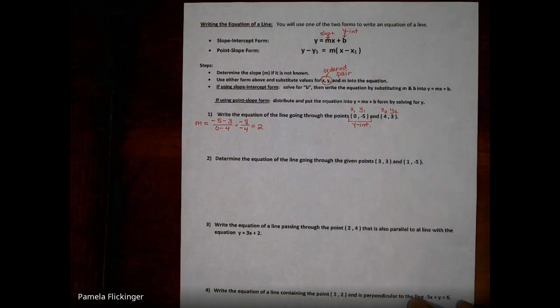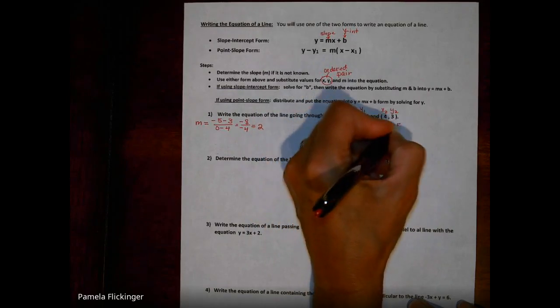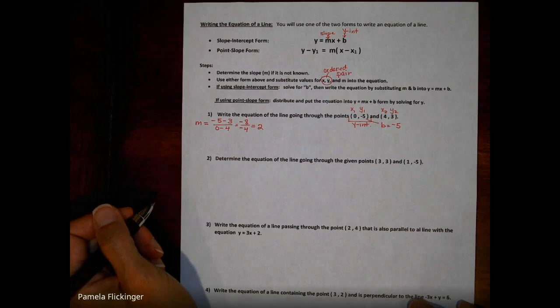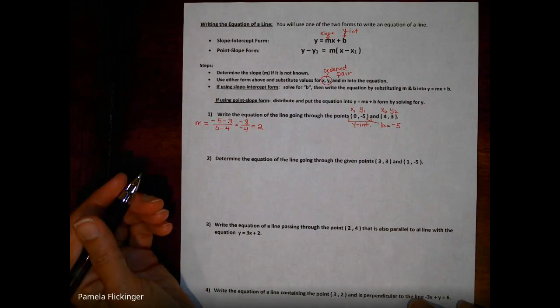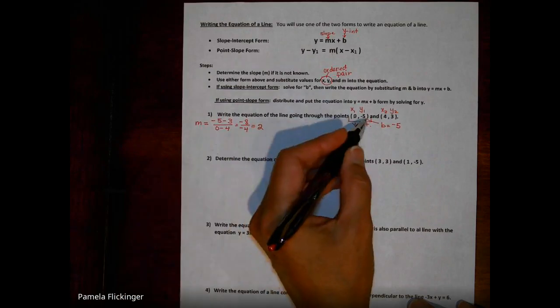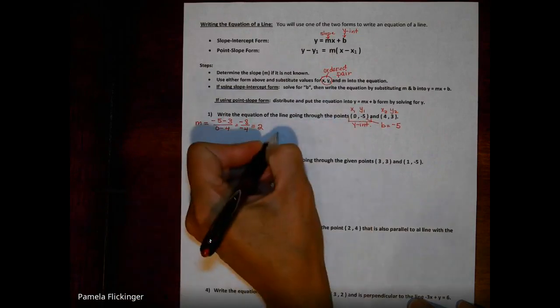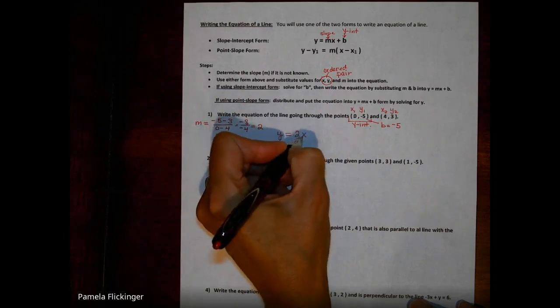That's what a y-intercept is. So I already know b. b is -5. So when you recognize that, and again, it has to be 0 as the x in order to be a y-intercept, then we're ready to write our equation. It's going to be y equals 2x minus 5.